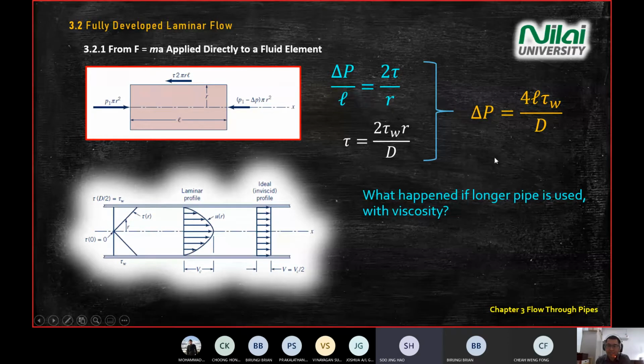So you look at this equation, delta P equals 4L shear divided by D. What happens to your P if you keep increasing your L, others kept constant? Also increase? Yes, correct.